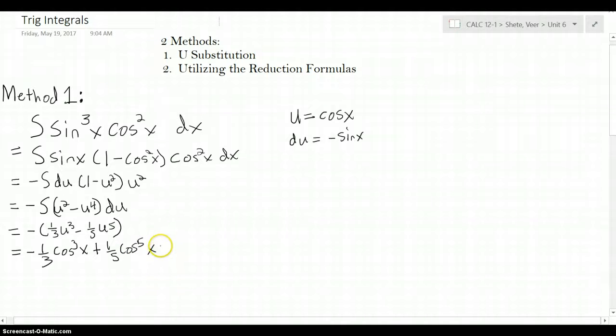And then finally, because it is an indefinite integral, we must remember our plus c. And that gives us, with u substitution, method 1 of this video of trigonometric integrals, to finding our integral of a trigonometric function. So our integral of sine cubed x cosine squared x, utilizing method 1 of u substitution along with trig identities, we attain negative 1/3 cosine cubed x plus 1/5 cosine to the 5th x plus c.